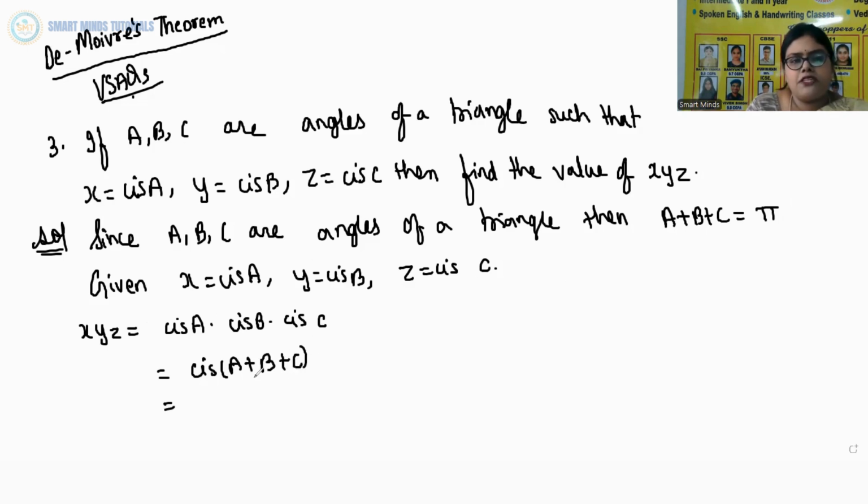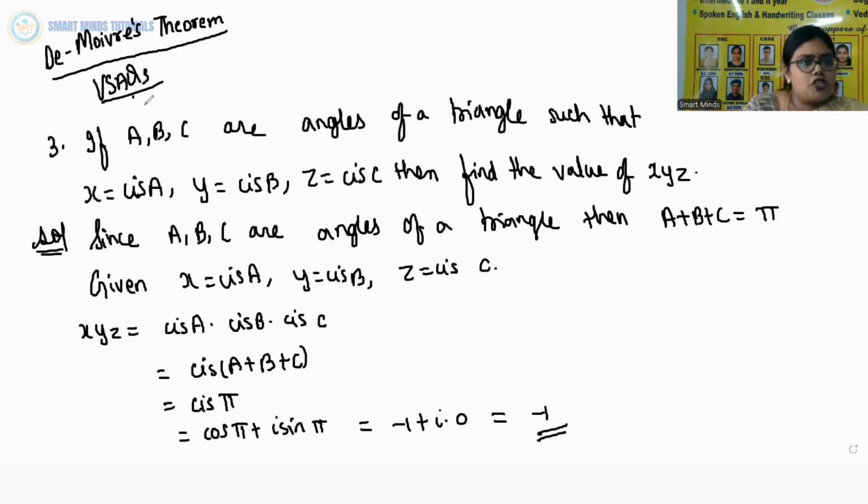But we know A plus B plus C is pi, so this is cis pi, which can be written as cos pi plus i sin pi. Pi is 180, so cos 180 is minus 1 and sin 180 is 0. So the answer is minus 1. Mark this question as very, very important.